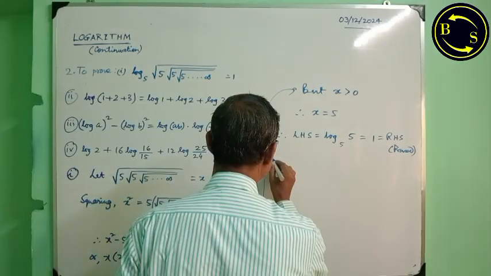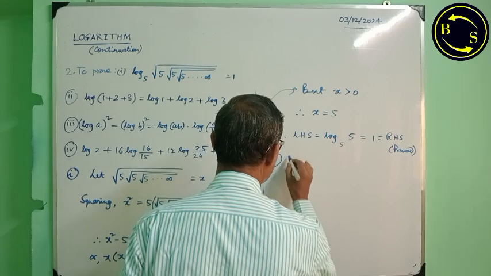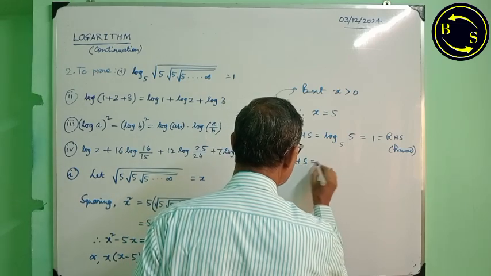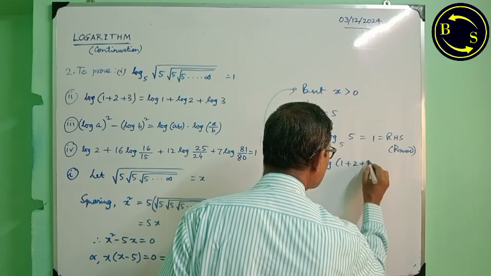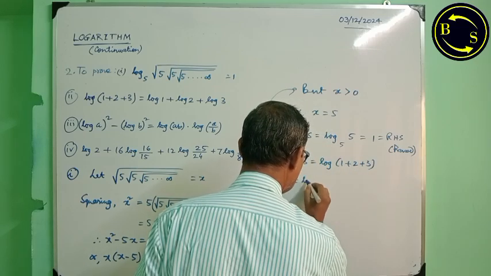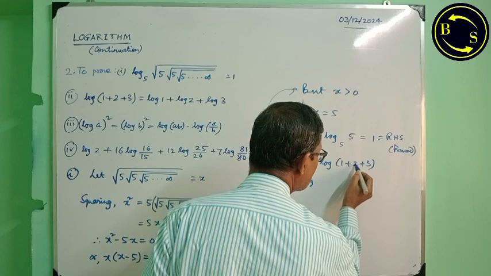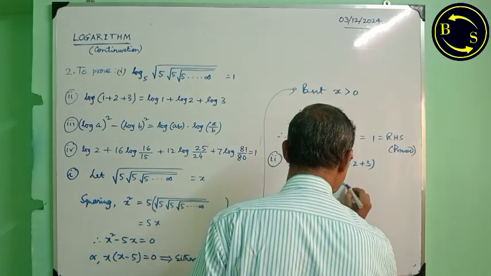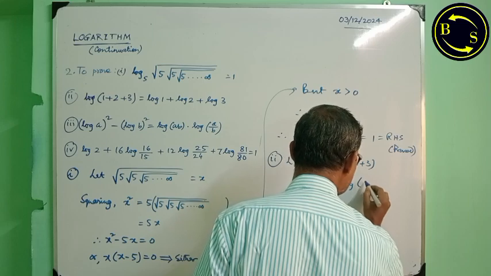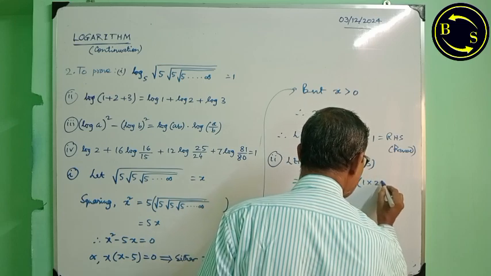Now number 2, LHS: log of 1 plus 2 plus 3. Now what is the sum? 1 plus 2 plus 3, sum is 6. Now 6 can be written as 1 into 2 into 3.